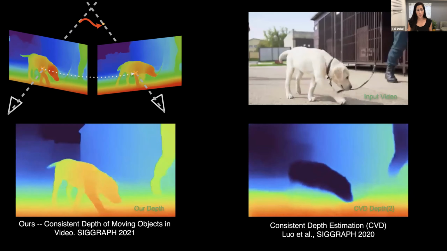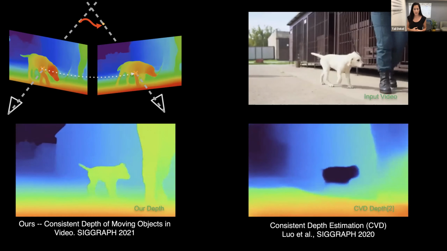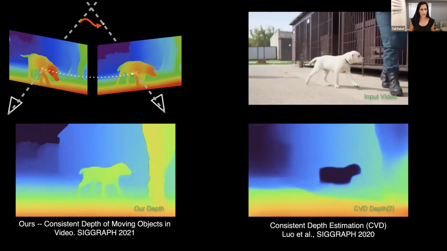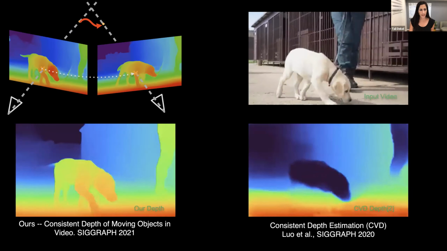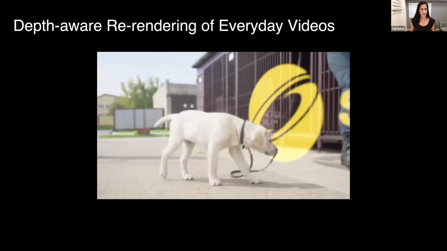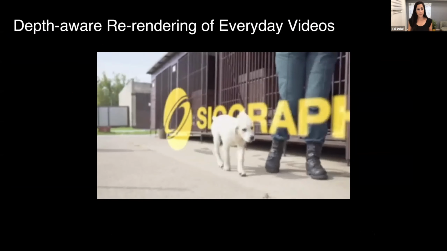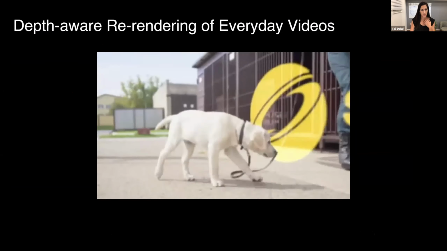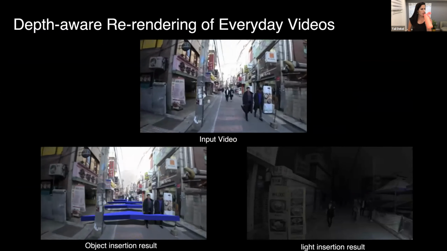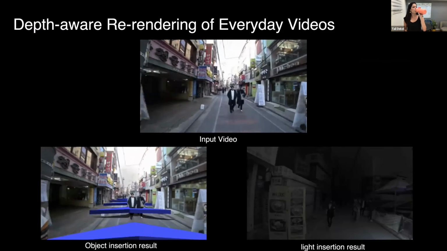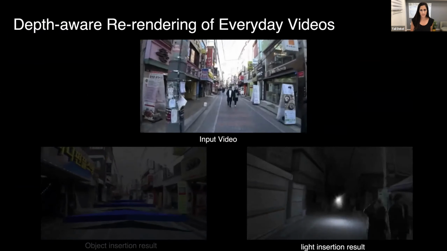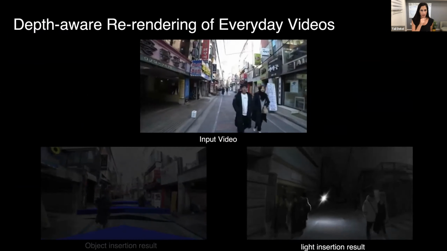Our model is also overfitted to a single video, similarly to the OmniMat and the CVD paper, and this is the result we were able to get on this type of video, and that gives rise to all sorts of depth-aware video effects. You can insert objects into the video, like here, or you can even insert a light source into the video in a depth-aware manner.